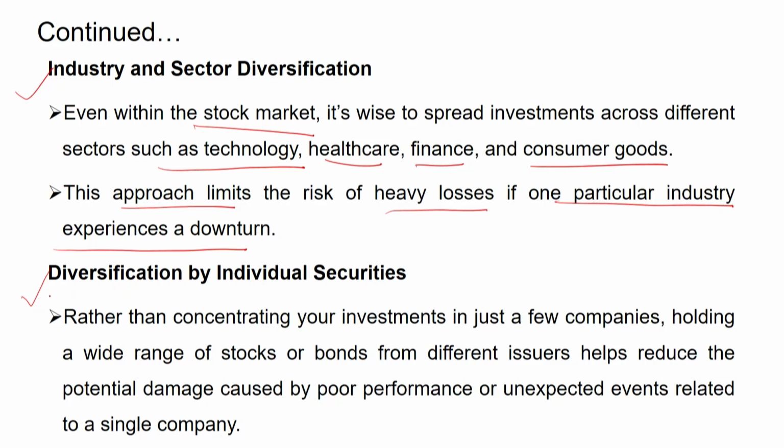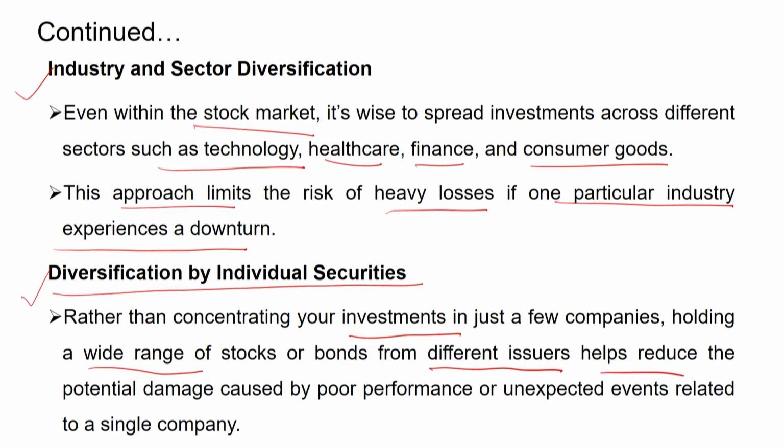Now, the last one is the diversification by individual securities. So, rather than concentrating your investment in just a few companies, we can invest our money into a wide range of stocks or bonds from different companies in the financial market.